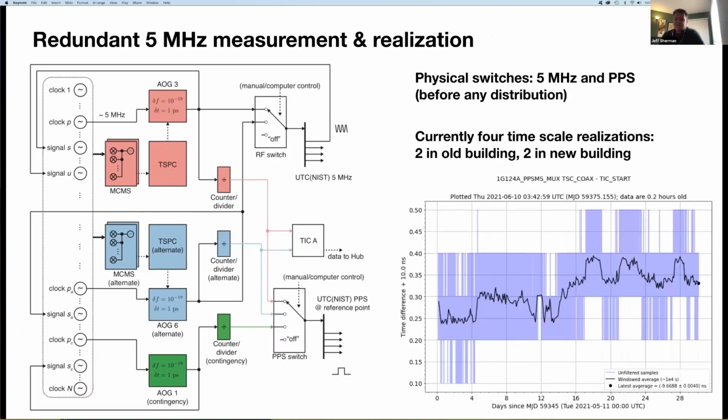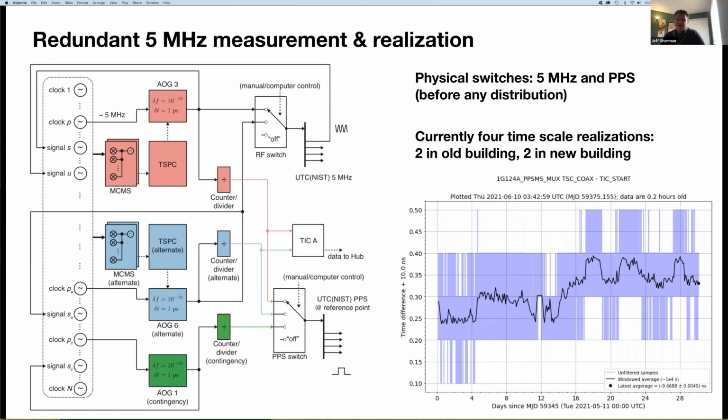Generation of UTC NIST is outside the scope of the talk, but it's an ensemble timescale. There are about 21 clocks, hydrogen masers, and cesium beams, although not all of them receive weight in the ensemble, and not all of them are reported to the BIPM. We try to choose only the healthiest clocks to participate in the weight of the timescale and to be reported.